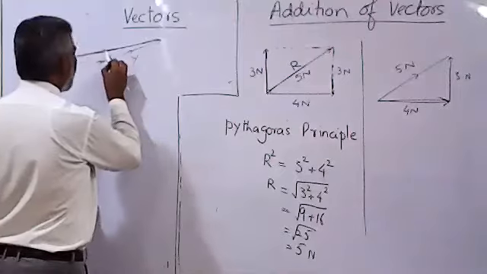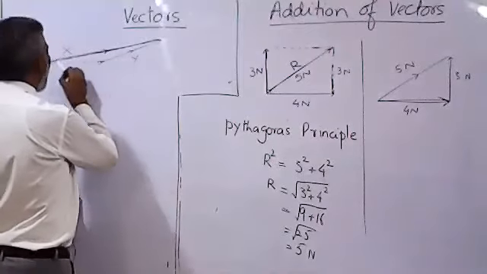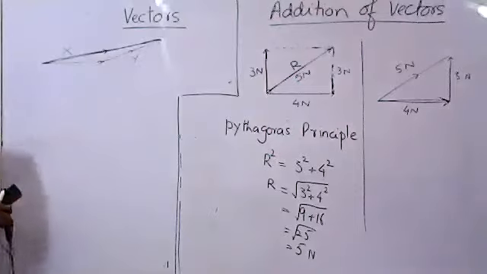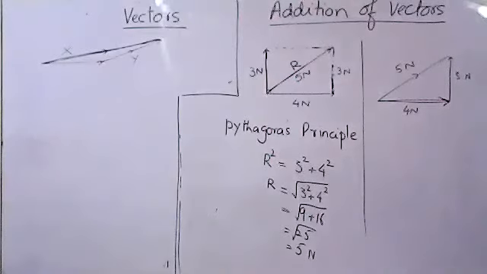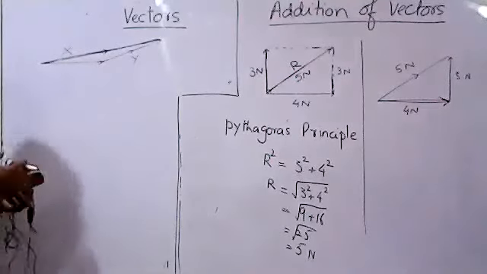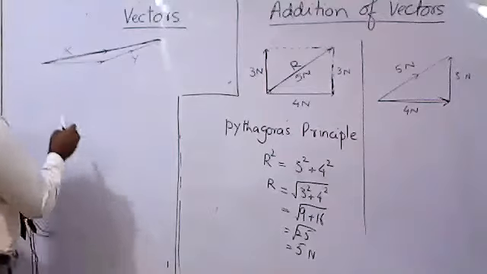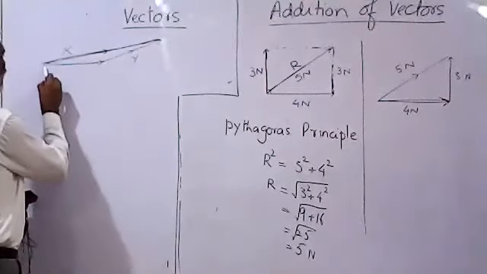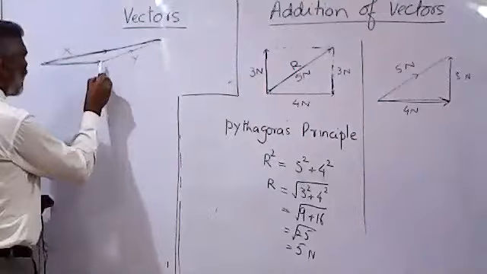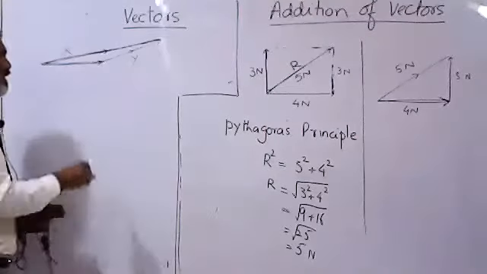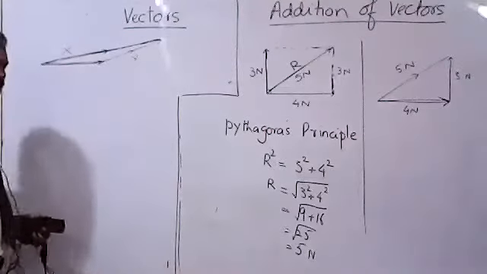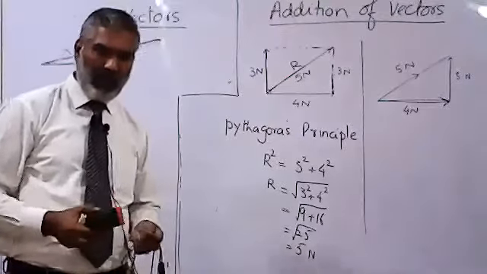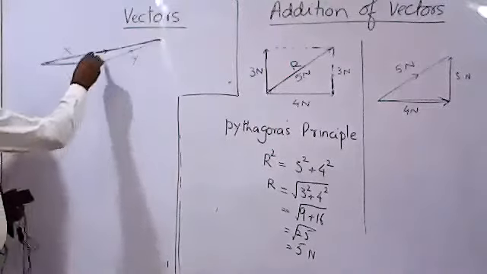But the question is, how do I know the magnitude of this vector? How do I know what is the size of this vector? It can have two answers. One is, if I have drawn these vectors to the scale, I know x exactly and I know y exactly, then the length of x will be exactly known, and that will be the magnitude of the resultant vector r.